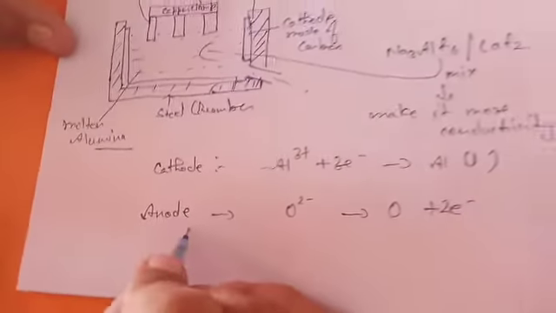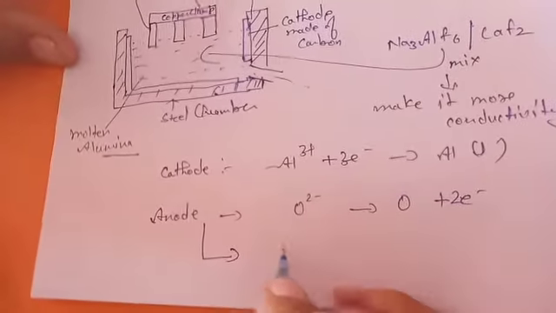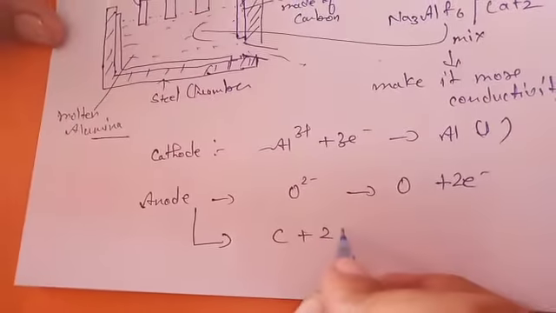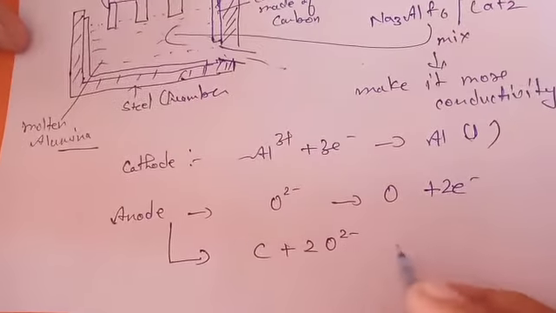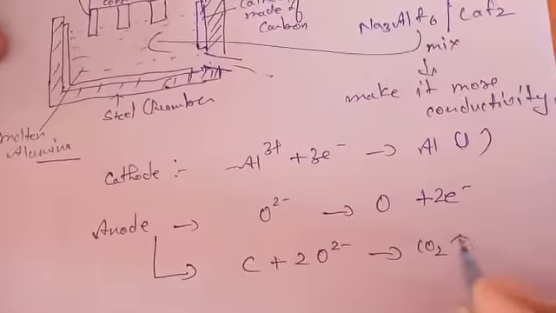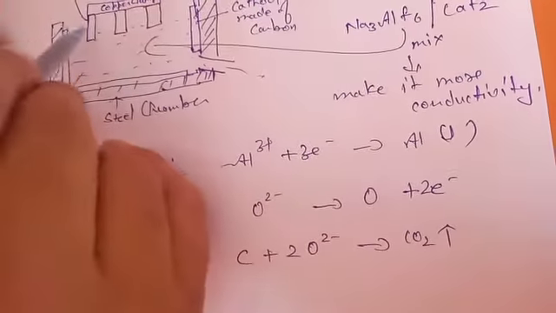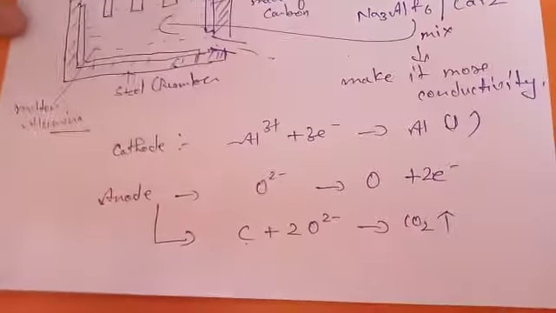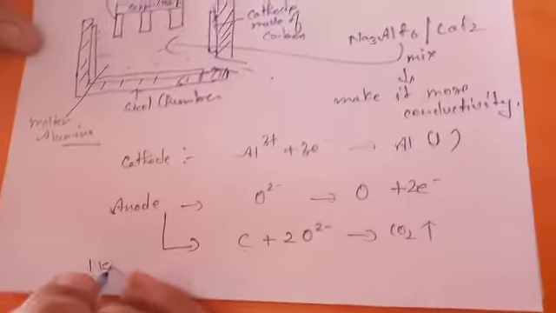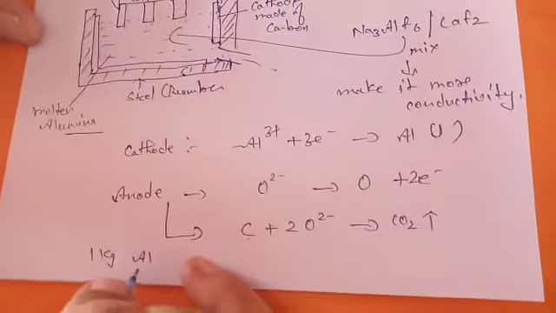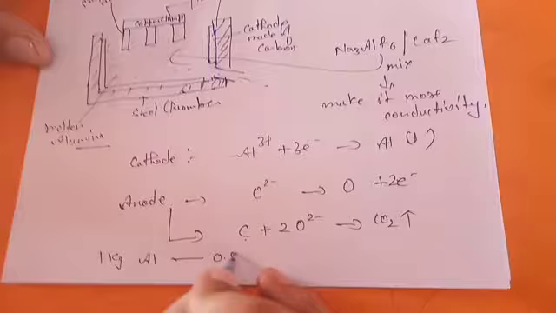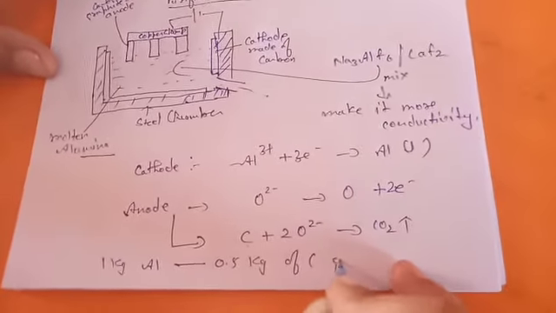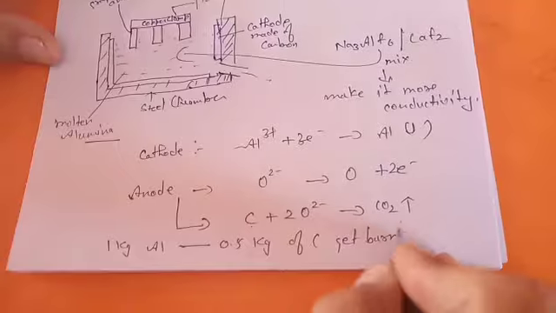In actuality, this O2 negative combines with the carbon, because the anode is made of carbon, and gets converted into carbon dioxide. So carbon dioxide evolves and carbon is used up. For extraction of 1 kilogram of aluminium, almost 0.5 kilogram of carbon gets burnt out.